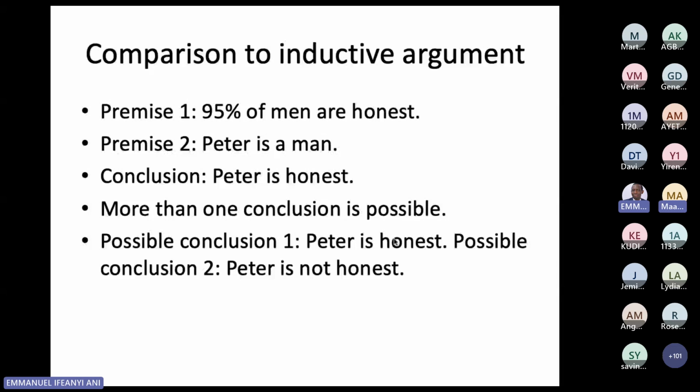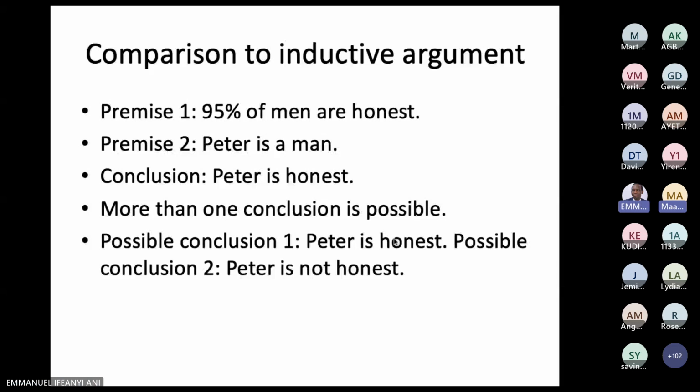Possible conclusion 2, Peter is not honest. Now, we were not told if Peter is among the 95% of men that are honest. So as it stands, Peter could be among the 95% that are honest, or Peter could be among the 5% that we're not sure of their honesty.